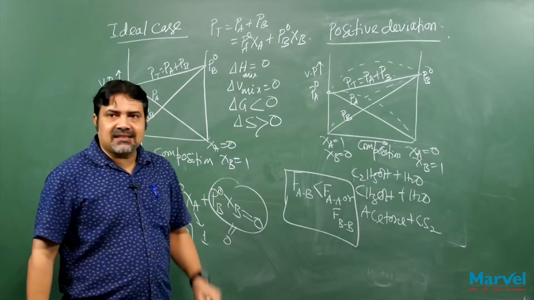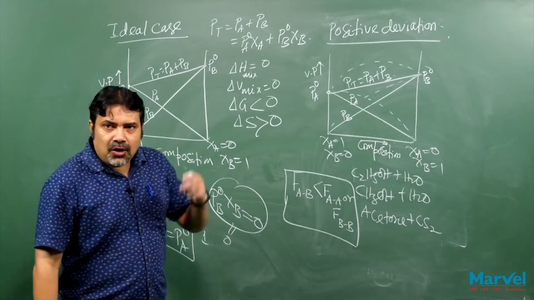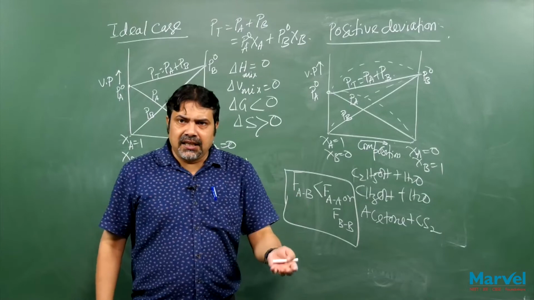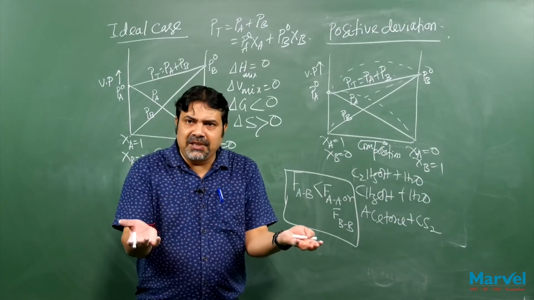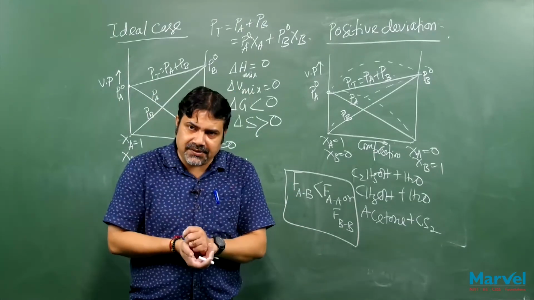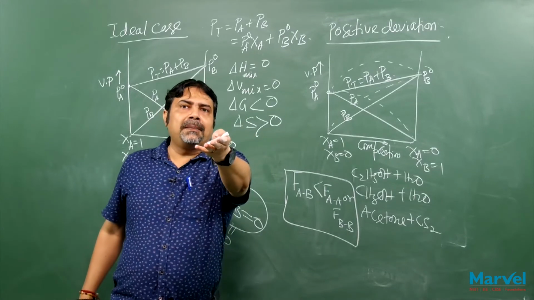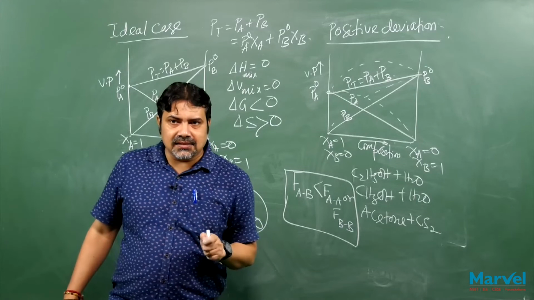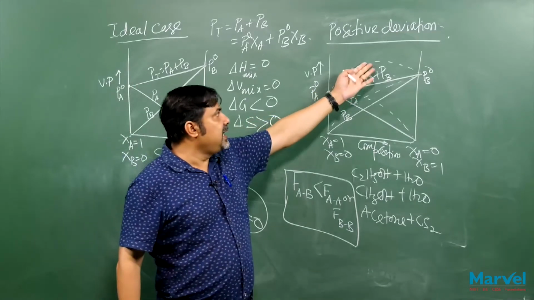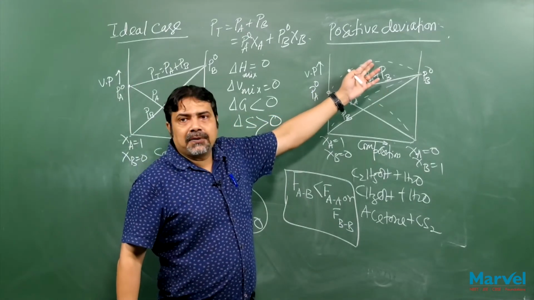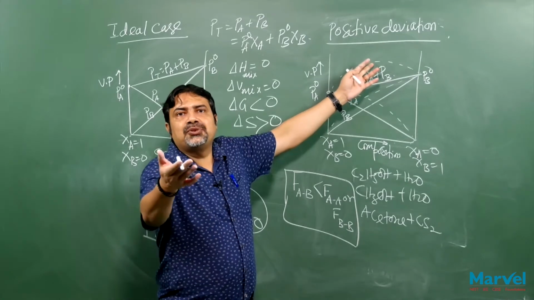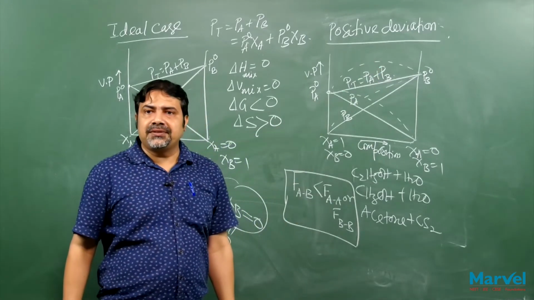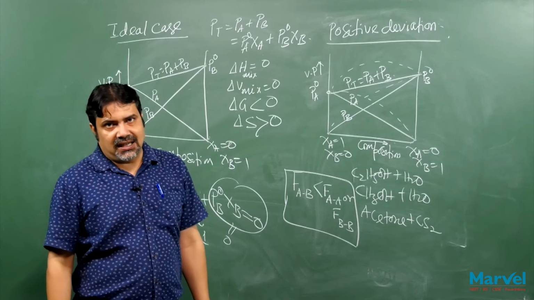As the force of attraction is lesser, what will happen? When you apply heat, they immediately go to the vapor phase, and the vapor pressure will be very high compared to ideal cases. So that is why the vapor pressure line goes above the ideal line. That is what shows positive deviation. That is what you have to understand.